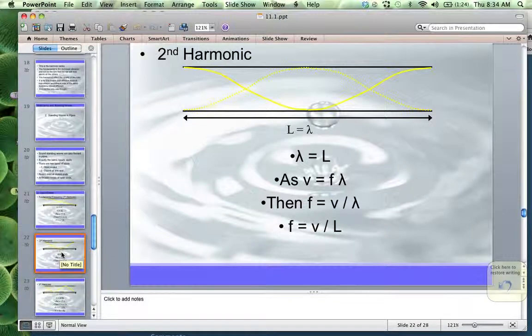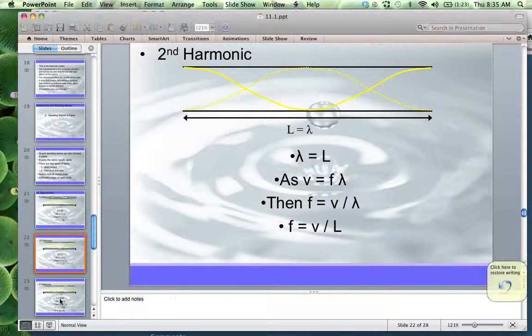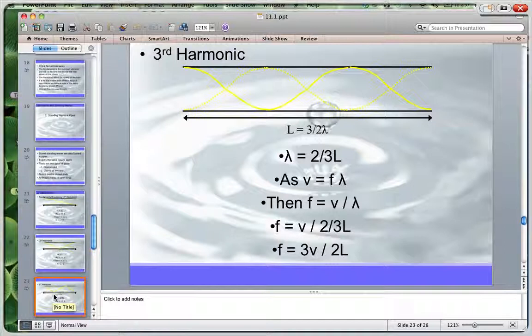When we go to our next one, now we get L is equal to lambda. Like with the fixed on both ends, the antinode on both ends gives the same result. So we get F is equal to V over L. And then when I go on to this, I get again 3 over 2, or the lambda is 2 over 3, so I get the same thing.